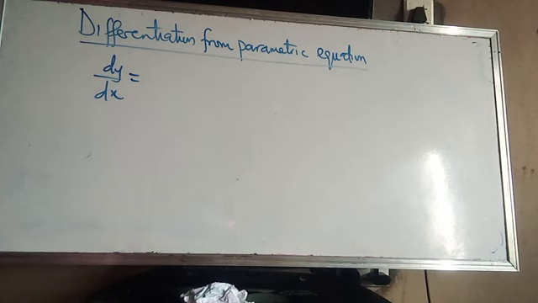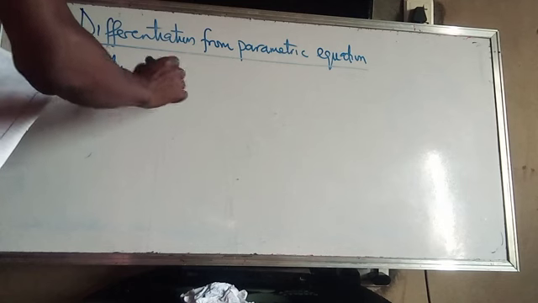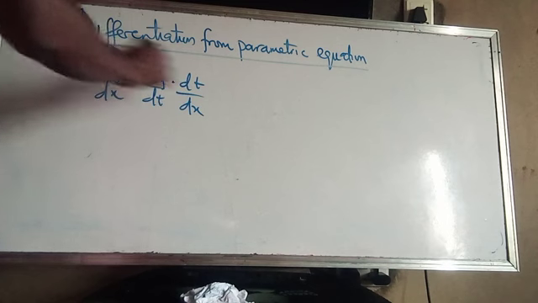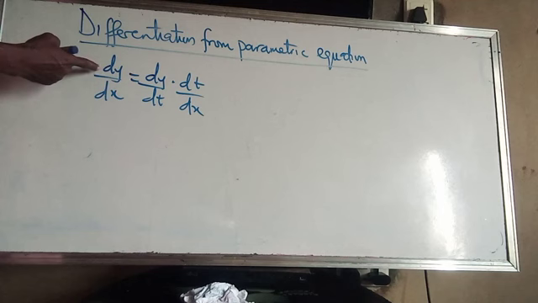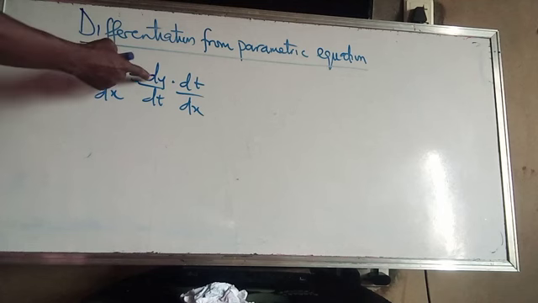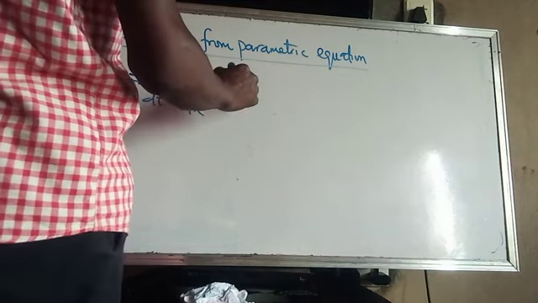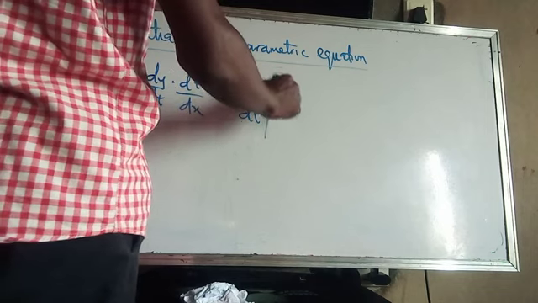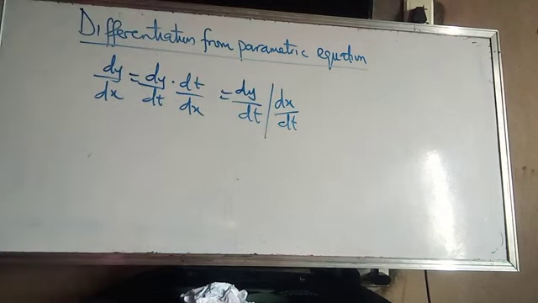So dy/dx will be dy/dt times dt/dx. This is an interpretation. You can define dy/dx when you have dy/dt multiplied by dt/dx, which is the same thing as saying dy/dt all over dx/dt. This means the same thing. If you divide, you have that.